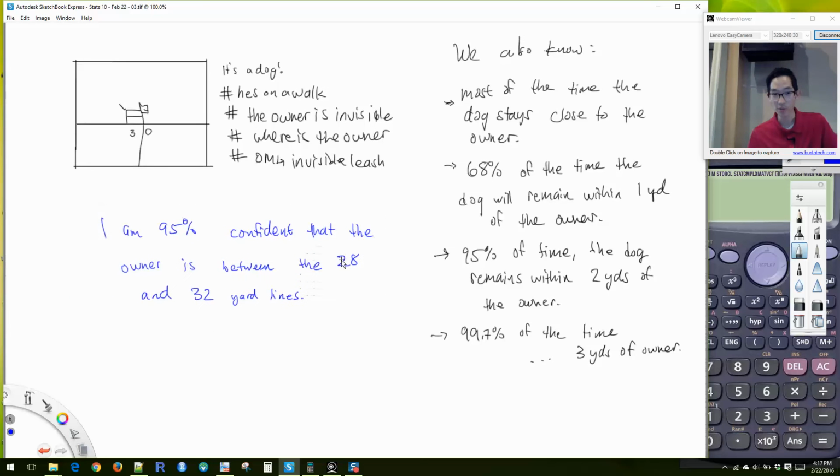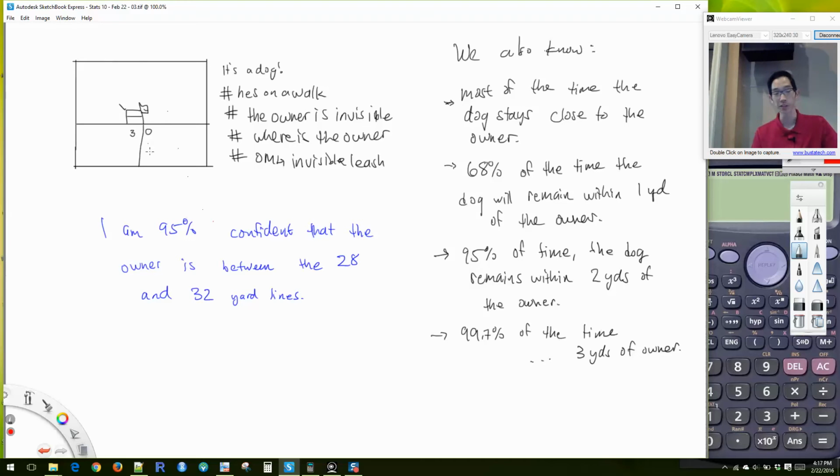Okay, and so this is similar to what we are trying to accomplish with sampling distributions and confidence intervals.